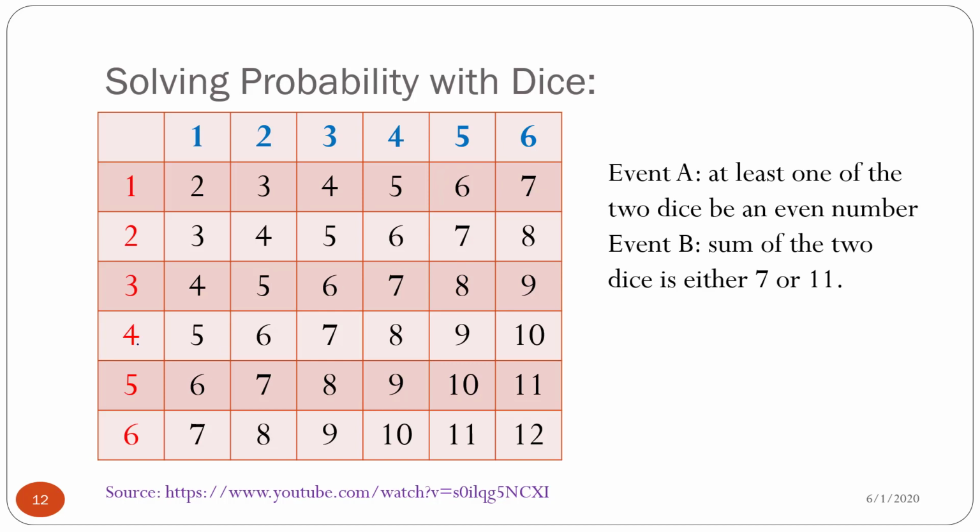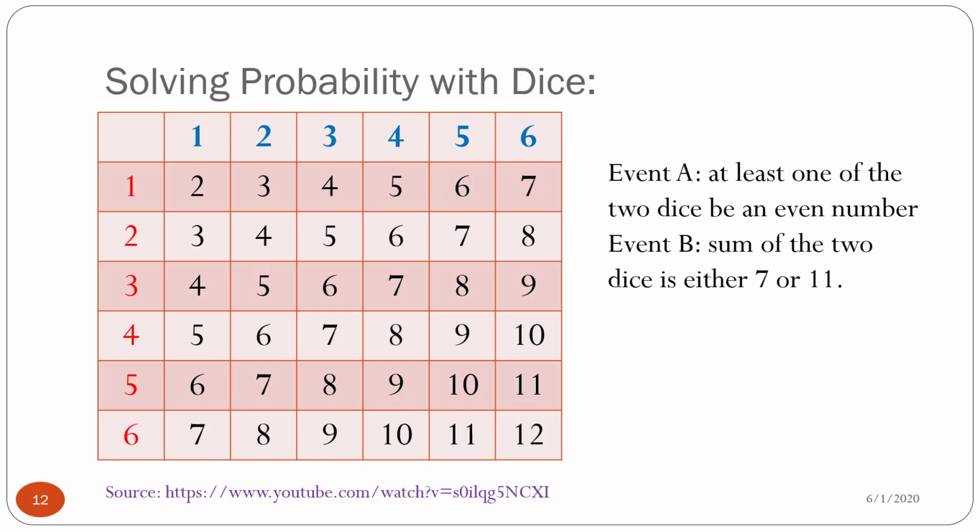For 4 also you can put these values: 4 plus 1 is 5, 4 plus 2 is 6, 4 plus 3 is 7, 8, 9 and 10. Keep on doing it and you will get this table complete. 6 plus 6 is 12 and 6 plus 5 is 11, 10, 9, 8 and 7.